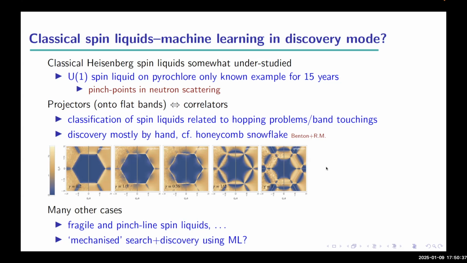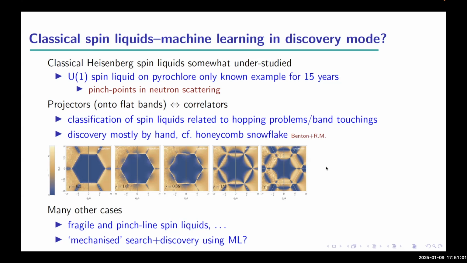So we found what we call fragile spin liquids. We've got pinch line spin liquids and so on. And so the kind of question that asks itself then is, is there a more mechanized search possible using machine learning? That is to say, if all we have to do is essentially tell the machine what to look for, then there are examples of actual theory work which uses machines to identify these spin liquids.